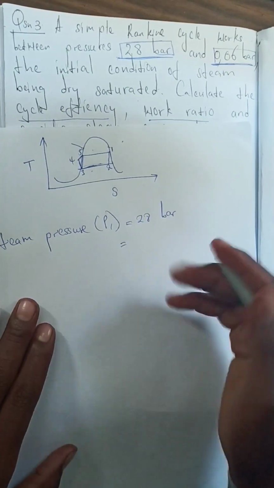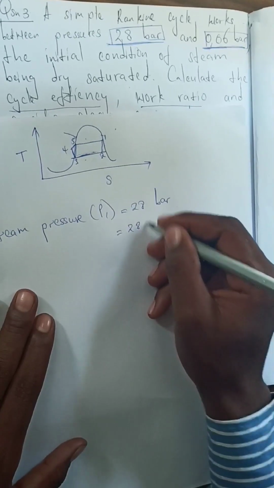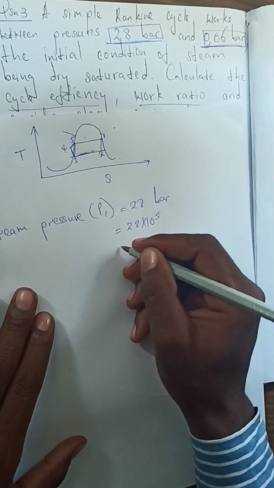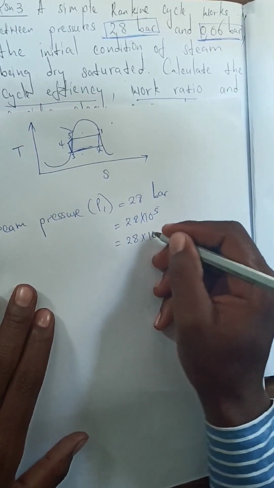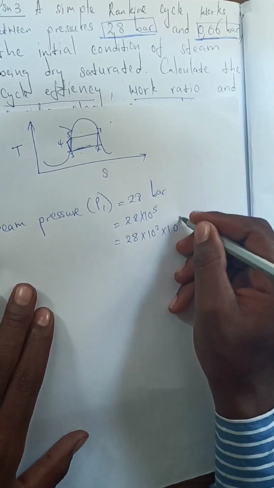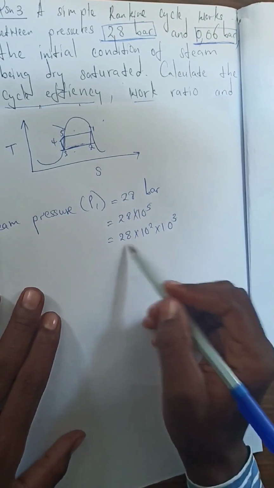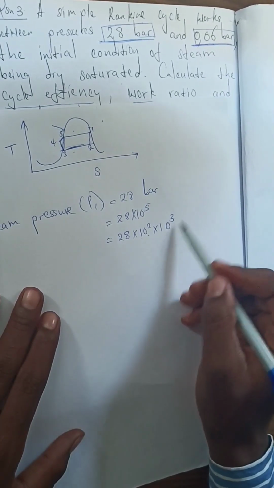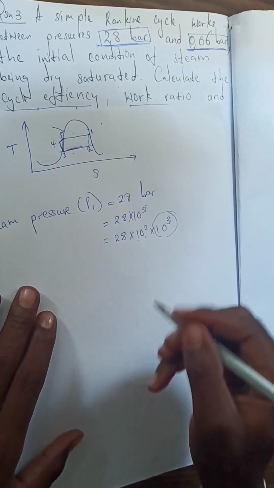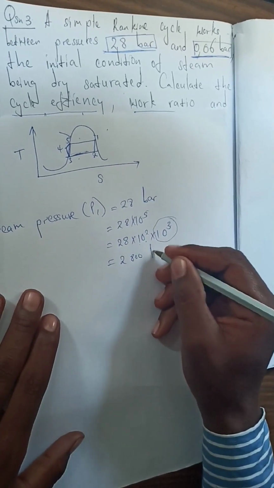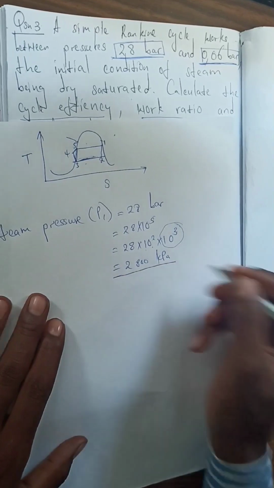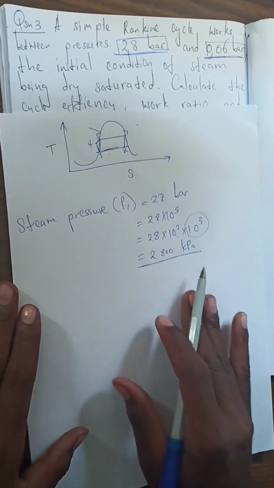When changing bars to kilopascals, we multiply by 10 to the power 5, and we split this 10 to the power 5 into 10 to the power 2 times 10 to the power 3, where we just multiply by 10 to the power 2, and the 10 to the power 3 represents the kilopascals. So we are left with 2,800 kilopascals for pressure 1.